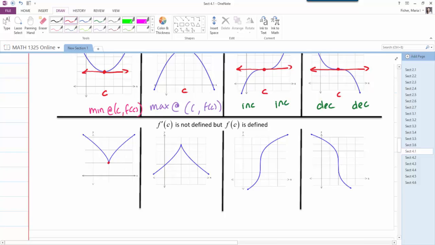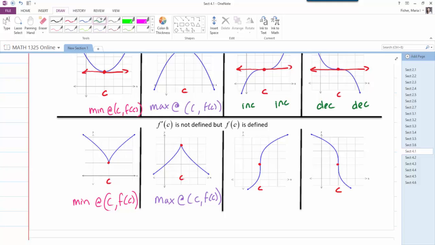So let's call all these points C. Now, if you are changing from decreasing to increasing, as we are in this first picture, you're going to have a minimum value at the point C, f of C. And here, since you change from increasing to decreasing, you're going to have a maximum value at the point C, f of C.